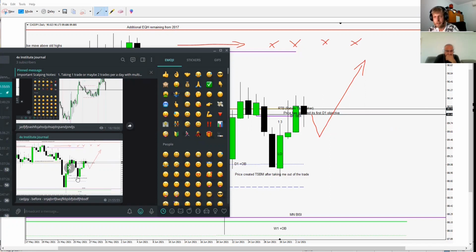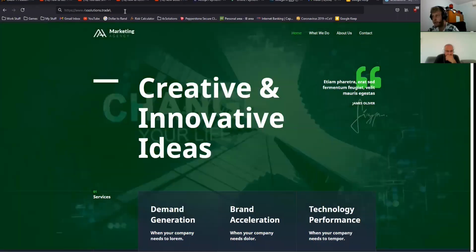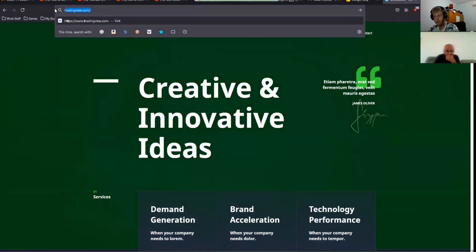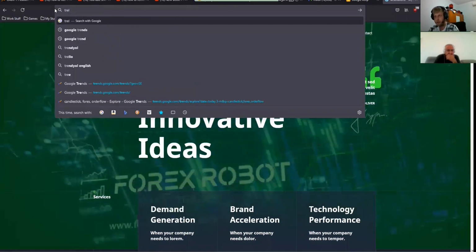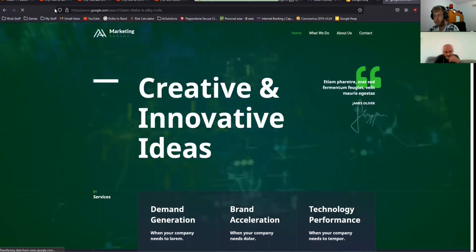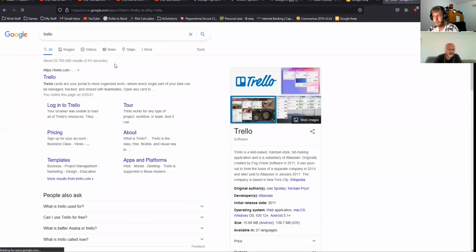Okay, and this is just one way, but there's many other platforms you can also use. Telegram is just one option. I like Telegram, I use it personally, but there's also, let's see here, if we go here, I know a couple of people use this software, so you can write this down, you can look into it or watch some YouTube videos about it. This is Trello. Some people use Trello.